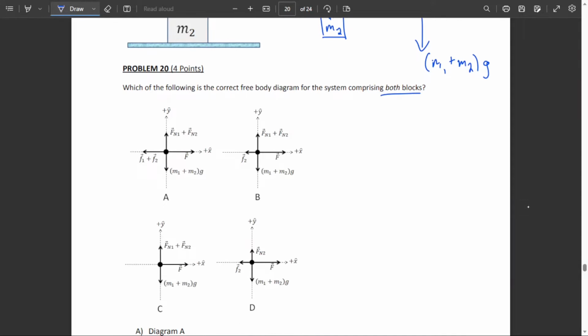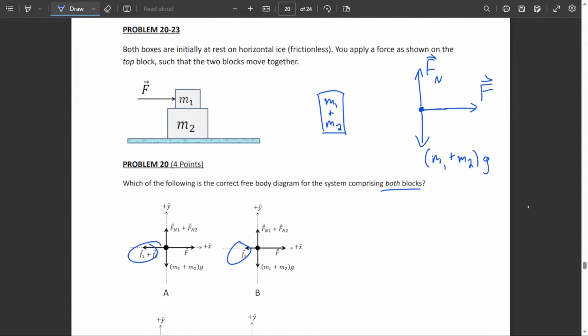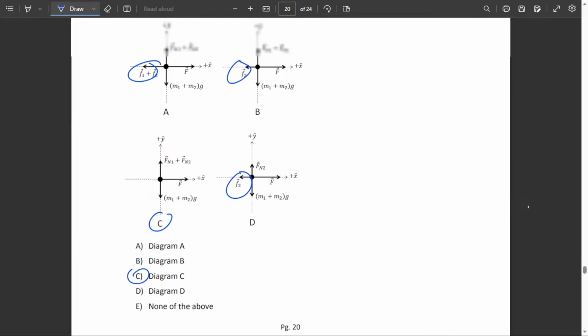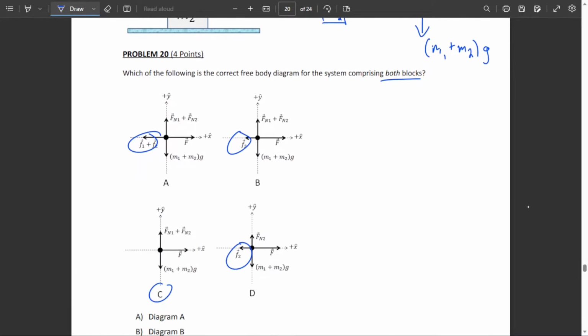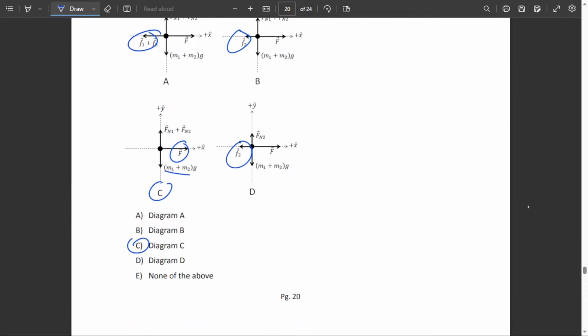Looking at our answers, they all include friction except for C. We are explicitly told there is no friction, so the answer is evidently C. You can see C lines up with what we wrote down. We have our force F, the force of weight, and the normal force is written down as the normal force of mass 1 plus the normal force of mass 2. As you can see, C is the answer.